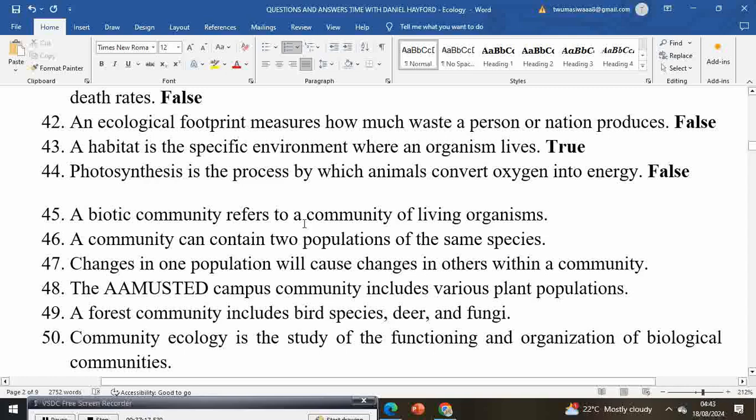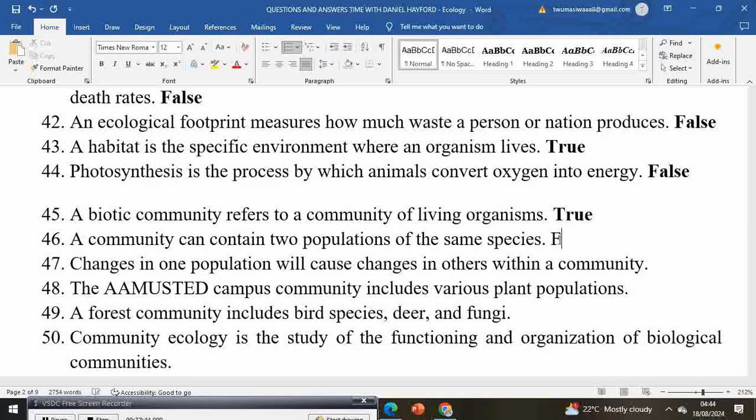Now, for question number 45. A biotic community refers to a community of living organisms. Is this true or false? This one is true. Then a community can contain two populations of the same species.